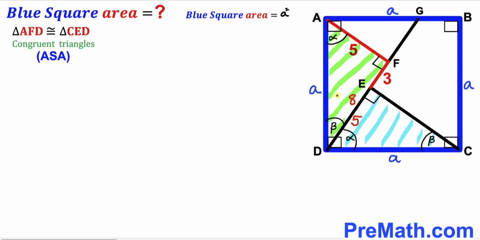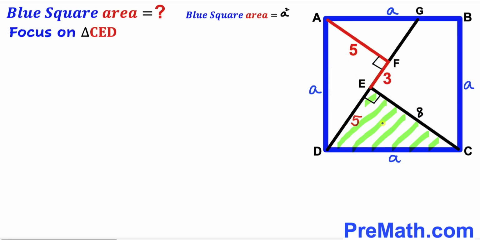Once again, these two triangles are congruent, so this segment CE is equal to the corresponding segment DF. We know DF is 8, so this CE segment length has got to be 8 units as well.